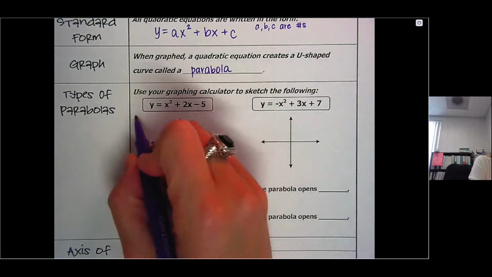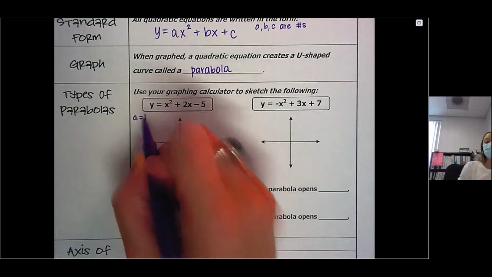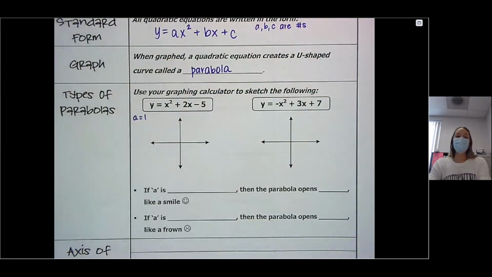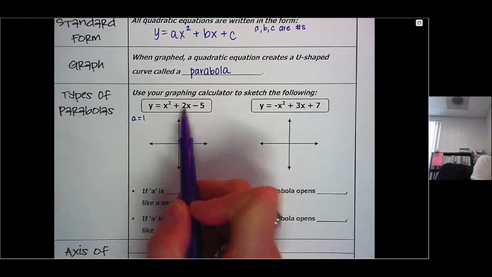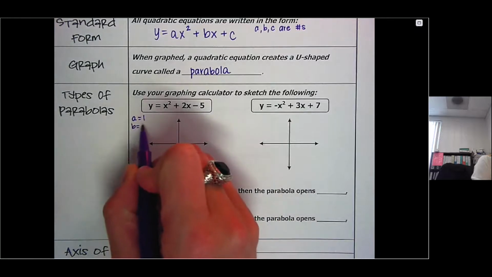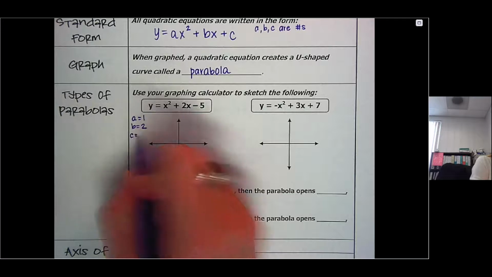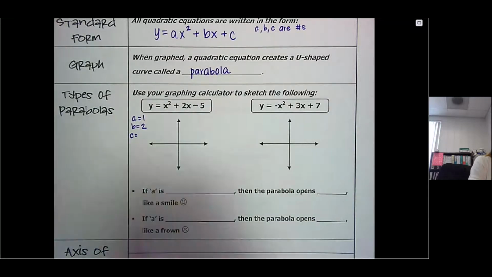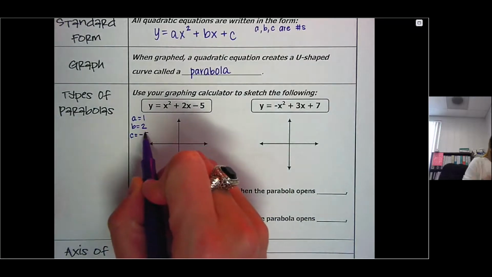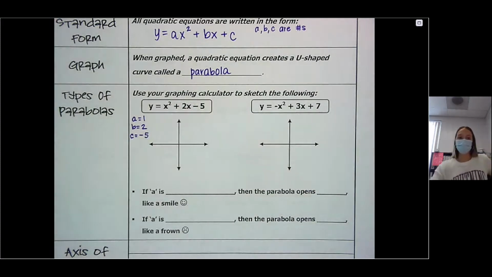So your a value in this problem is 1. Good. What is your b value? Good. B value is this one right here, 2. And what's your c value? Negative 5. Yeah, there's a minus sign that goes along with it, so your c value is negative 5. Good.